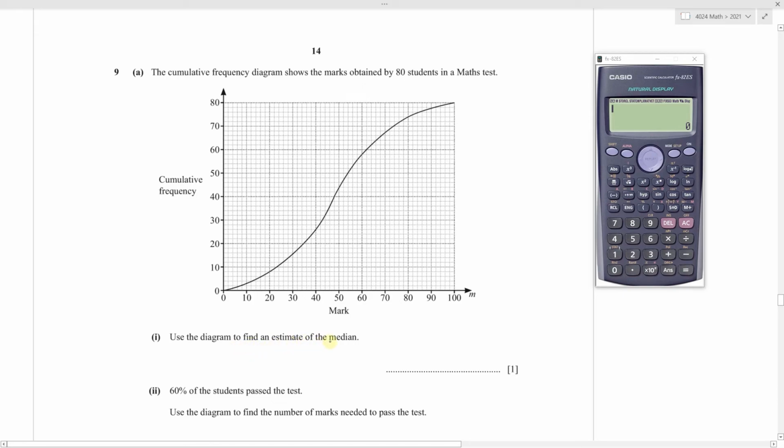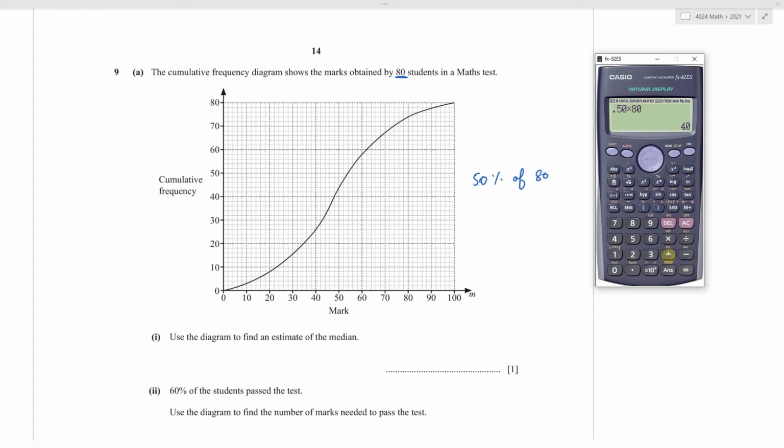So median would be the marks value when your cumulative frequency is 50% of total frequency, which is 80 students. So 50% of 80 will be 0.50 into 80, which is 40. So you have to read this value when your cumulative frequency is 40.